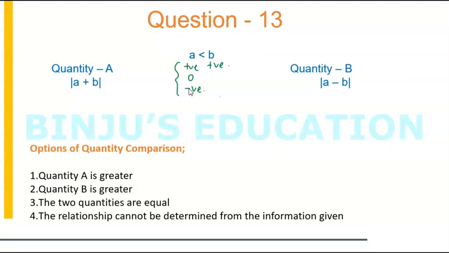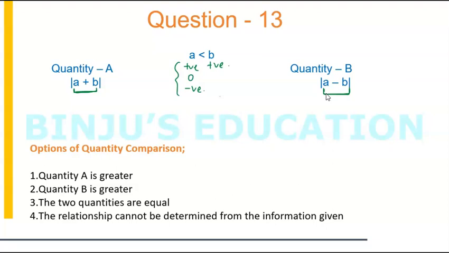Now see, if A and B are both positive, it will add up. And quantity A will automatically be greater than mod of A minus B, because A plus B is like adding up, and A minus B is like subtracting things. You're taking the difference, right?